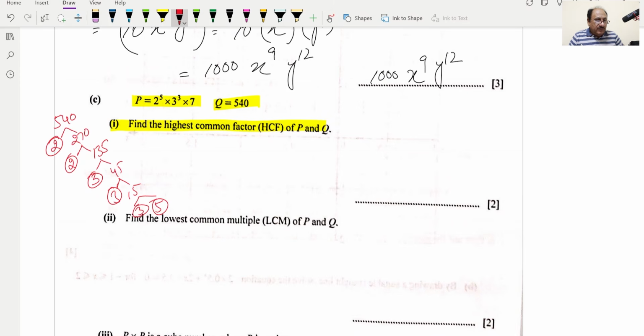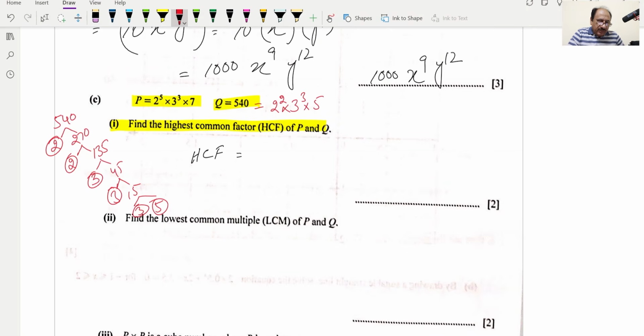So we have done the prime factors, and HCF of P and Q will be equal to the common factors. First of all, we can write the prime factors of 540 over here. This will be 2 raised to the power 2, 3 raised to the power 3, and 5. These are basically the prime factors.